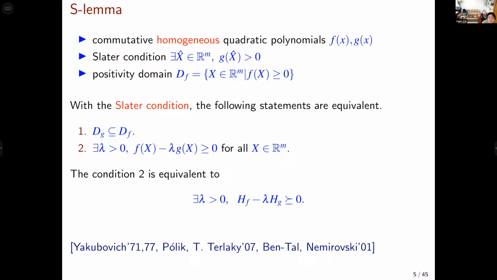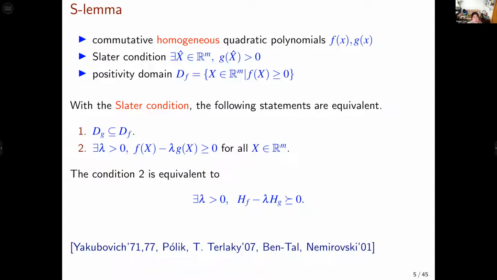As we know, the S-Lemma can be used for general quadratic polynomials, but for convenience, we only introduce the homogeneous case here. First, we have 2 polynomials f and g.